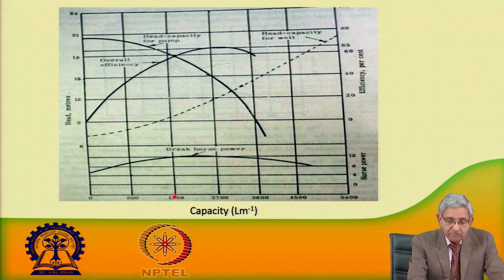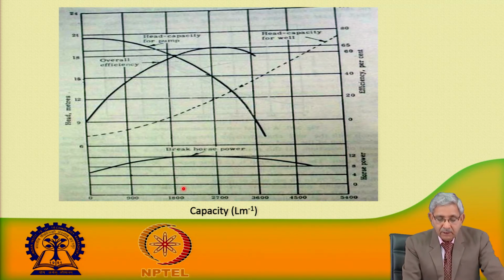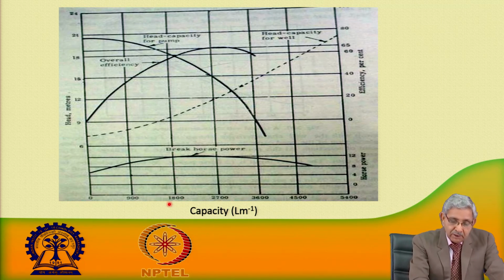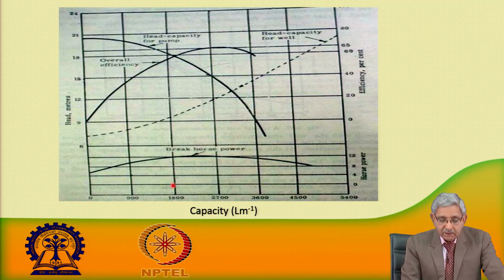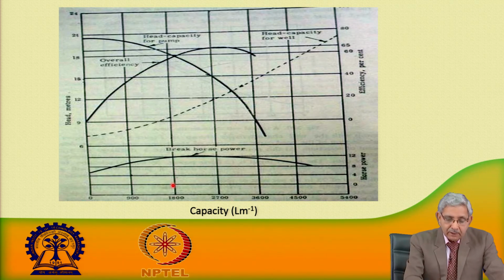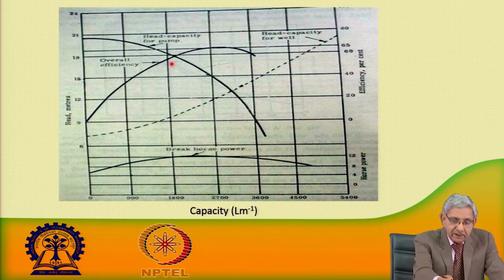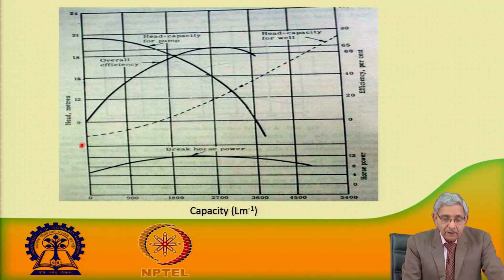This pump will deliver a discharge of about 1900 liter per minute. The corresponding values of head, drawdown and efficiency can be obtained, and accordingly the pump can be selected for a given set of conditions.